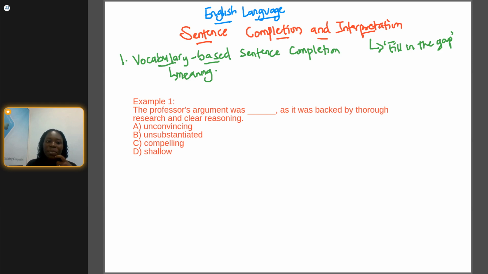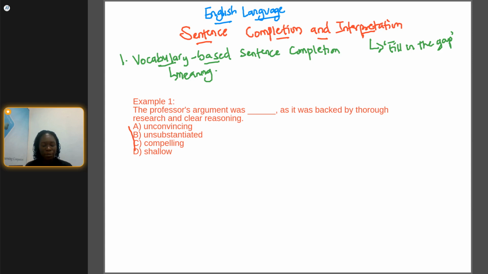Now you have to understand the meanings of these four words so as to know the most appropriate to fill this in. The professor's argument was dash, as it was backed by thorough research and clear reasoning. Now we look at the options one after the other. We have the option of unconvincing, and unconvincing means not believable. The second option, obfuscation, means not supported by evidence.